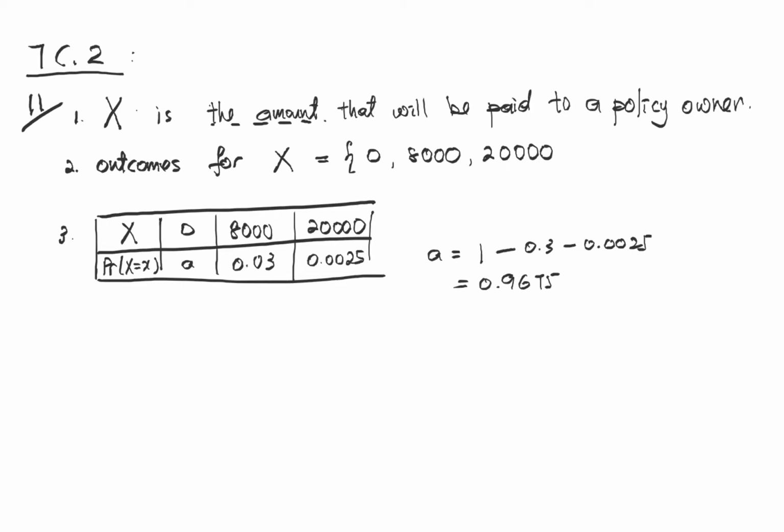After you got this, can you get the expected X? This is called the expected payout. So what is my expected payout? That means the expected amount that the company has to pay each policy owner.